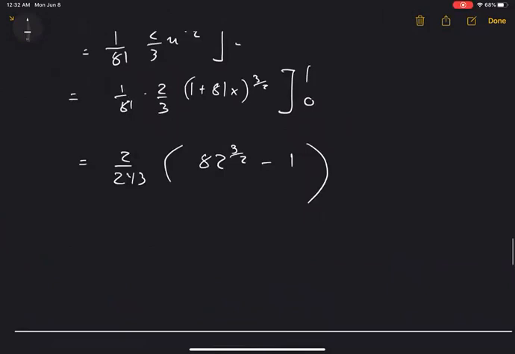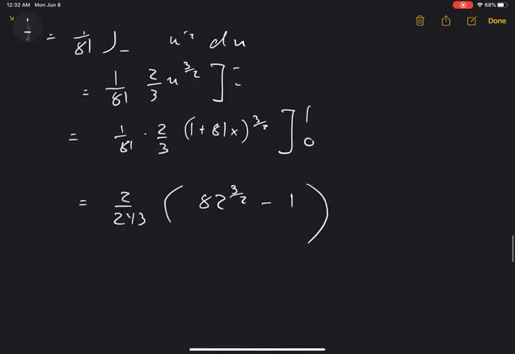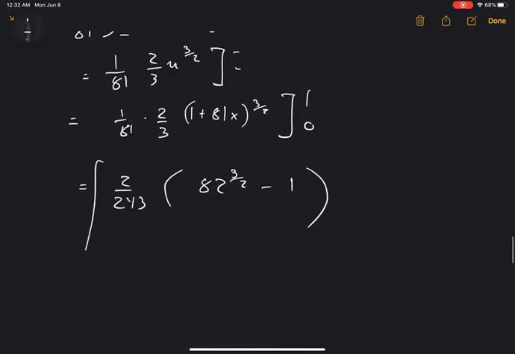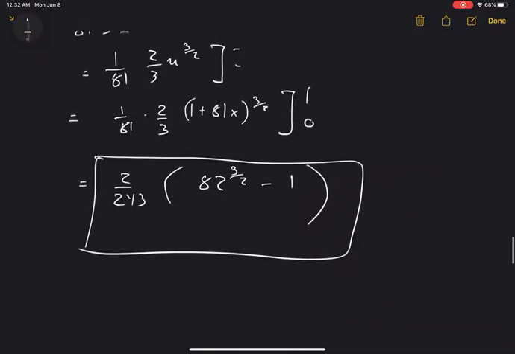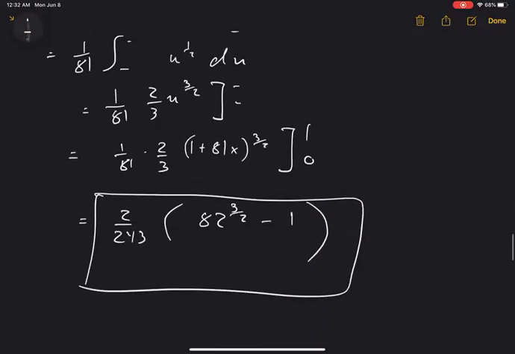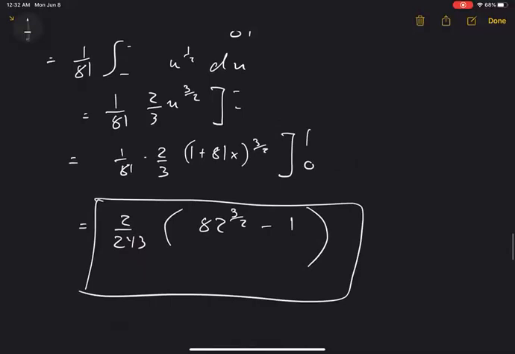Something like this. I won't bother simplifying the answer, but that should be an answer. We could plug it into a calculator and find some decimals, but this should be an answer.